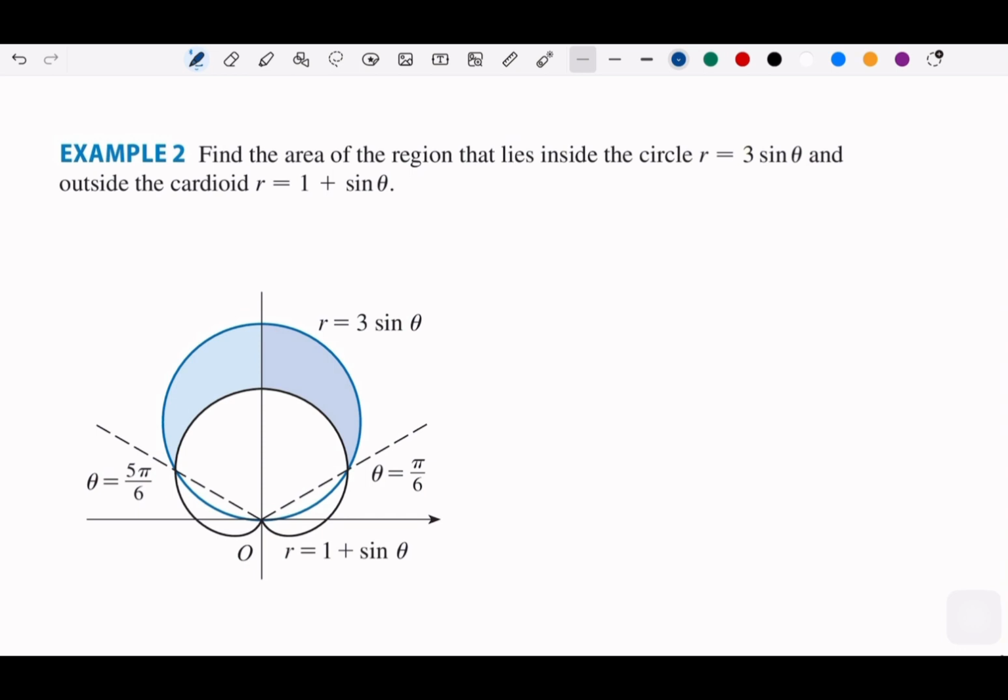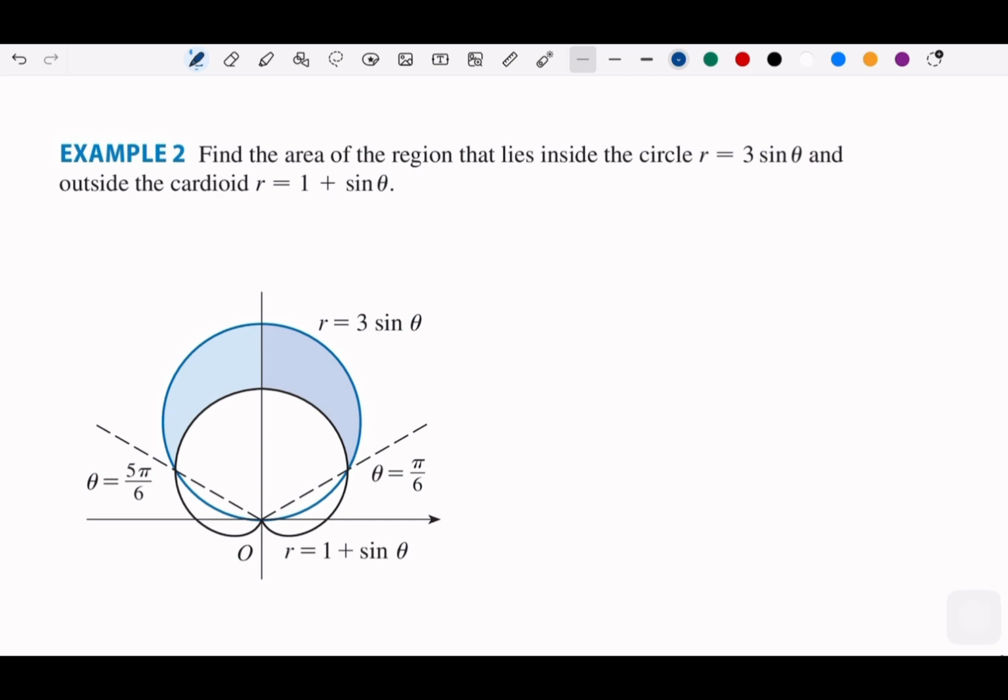Sometimes you will have two different polar curves, and they will have some intersections with one another, and your goal is to find the area. For example here, you have the circle 3 sine theta, and you have the cardioid 1 plus sine theta.